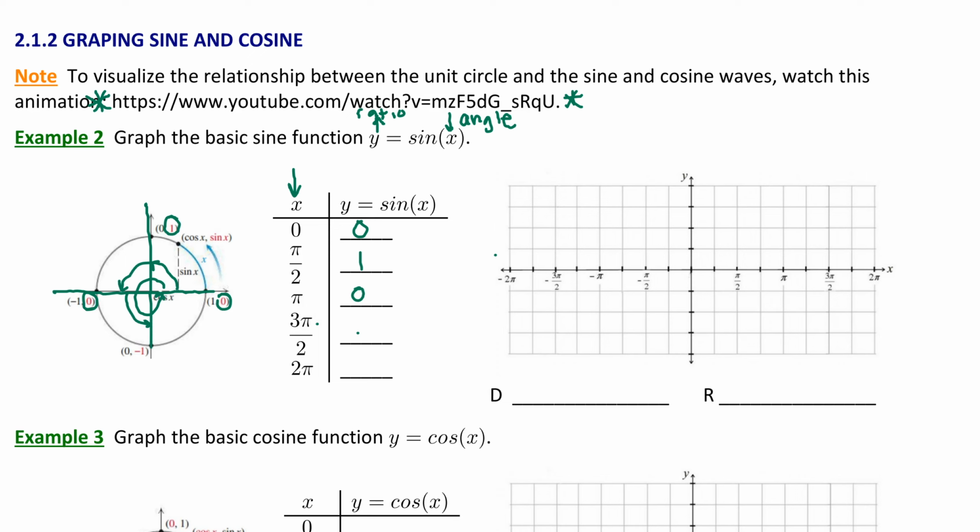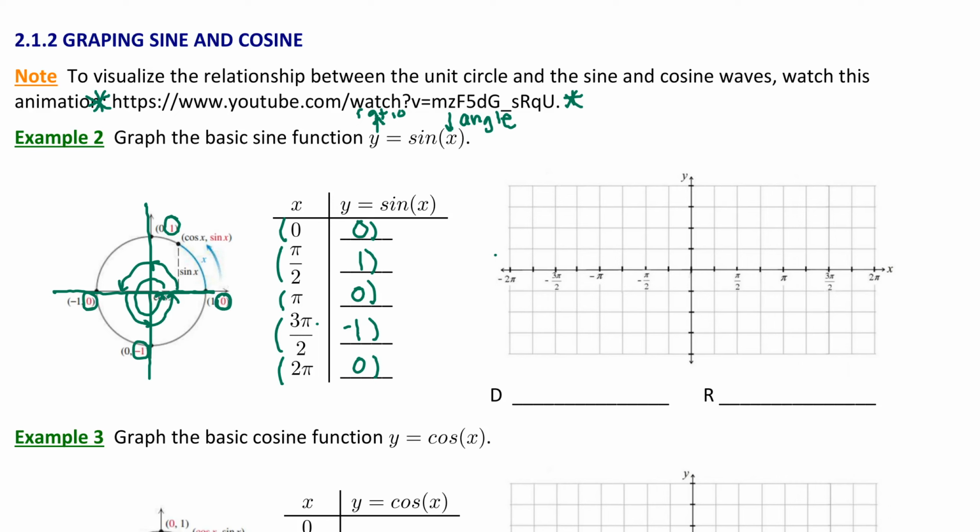And at 3 pi over 2, sine of 3 pi over 2 is negative 1. And back to 2 pi, sine of 2 pi is also 0. So we have a list of ordered pairs here that we can use to begin constructing the graph of sine. These are what is known as the 5 key points.